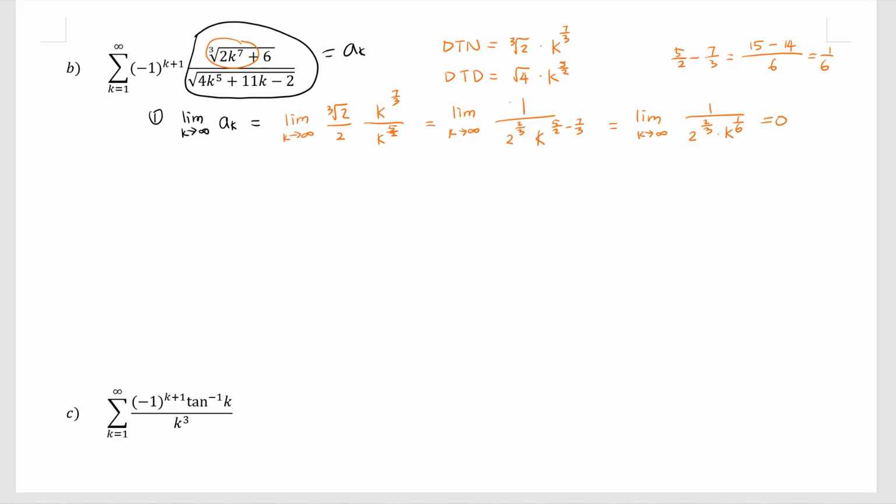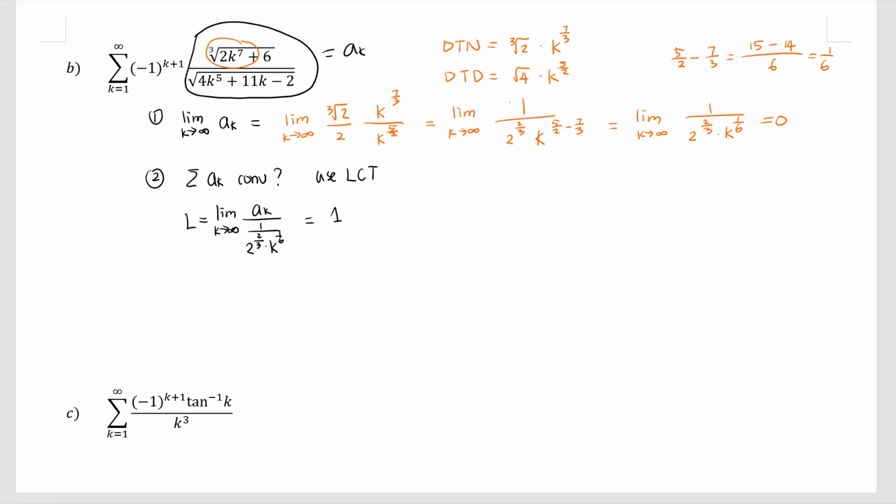Well, the second step, we want to figure out whether the series a sub k converges or diverges. Because in this problem we can compare to a p-series, we use the limit comparison test. So L is the limit of a sub k over our series, which is 2 to the 2/3, k to the 1/6, and that's 1.